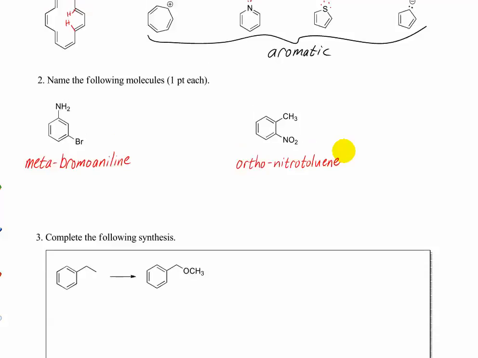Yeah, these are the best names. These are the names that you should use. However, you can also name these using numbers, 1,3 or 1,2. What if you said bromo, nitrobenzene? For this one? Yeah. That's not nitrobenzene. Sure. Nitrobenzene is NO2.